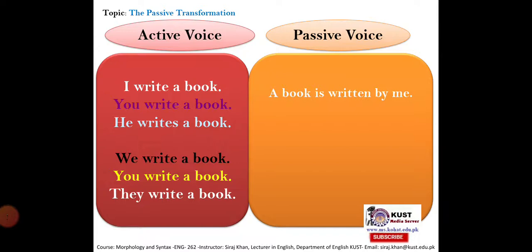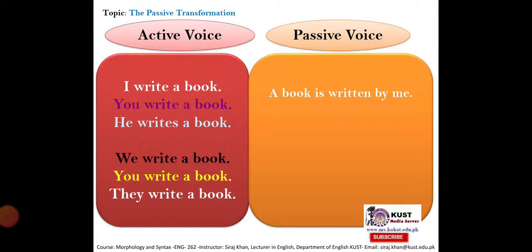I becomes me, the object of the passive voice, and the object of the active voice becomes the subject. In passive voice, a book is followed by be, which is followed by third form of verb.